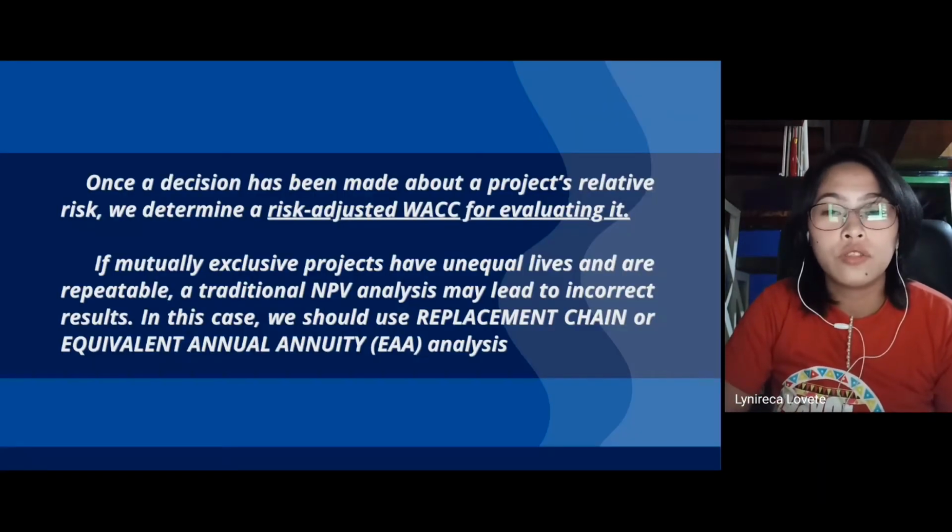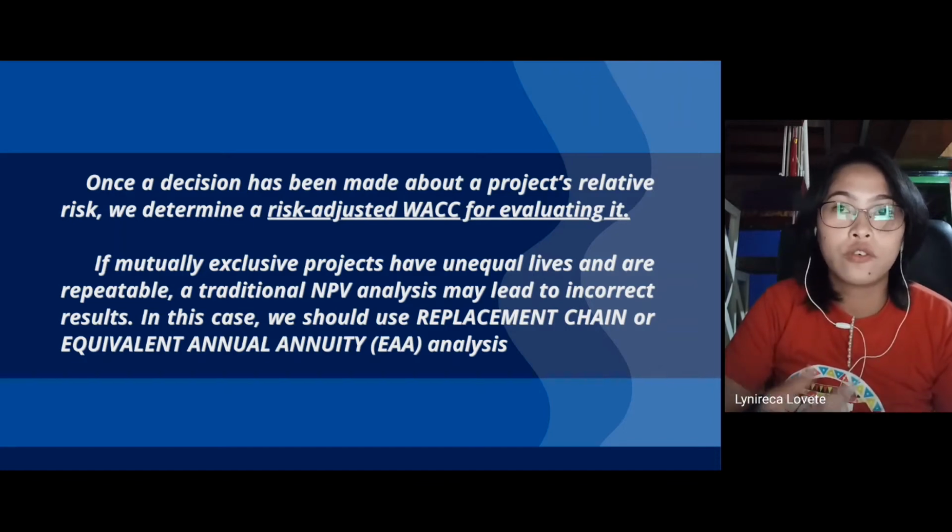If there are mutually exclusive projects that have equal lives and are repeatable, the traditional NPV analysis may lead to incorrect results. Therefore, the replacement chain or the equivalent annual annuity is used.